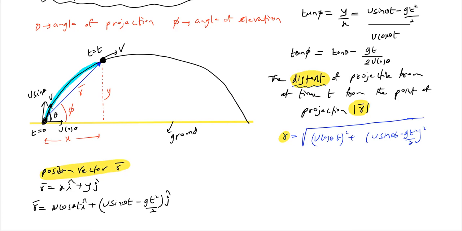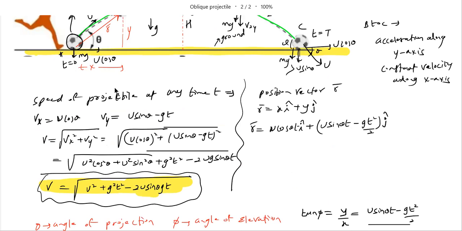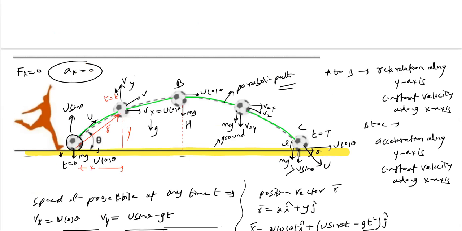Okay, so let me summarize the oblique projectile we defined here. Let me take this diagram. The person will kick the football. So he will impart the velocity u in this direction, at an angle theta.